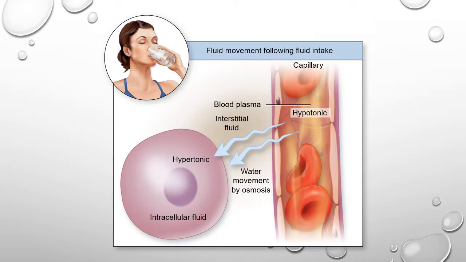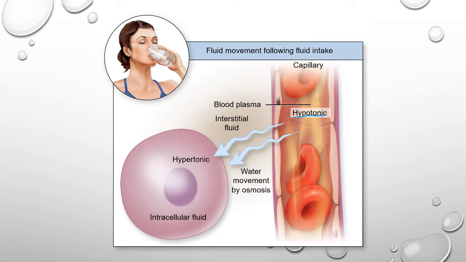As we take fluid into the body, so we drink it in, we eat it with our food, that creates a situation where inside our plasma we now have a hypotonic solution. So we have an extra amount of water there that has diluted things.